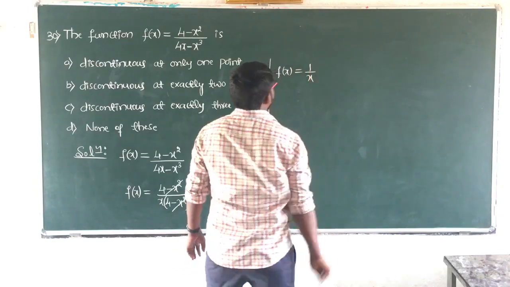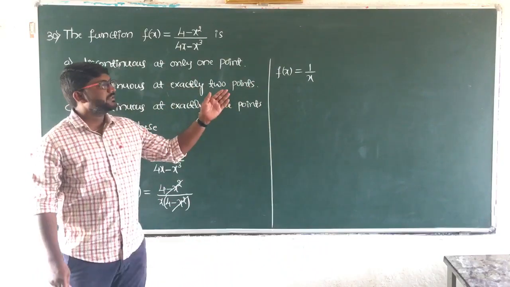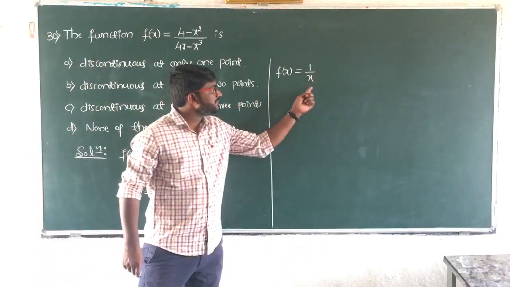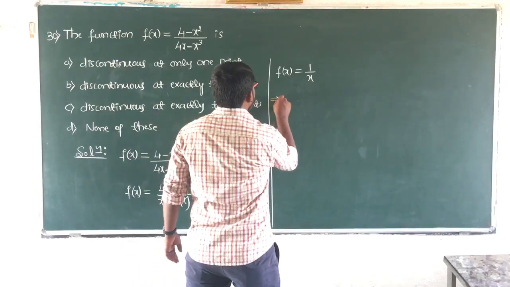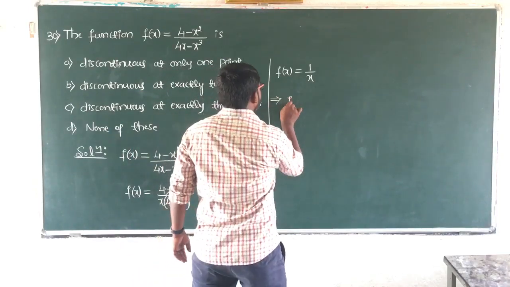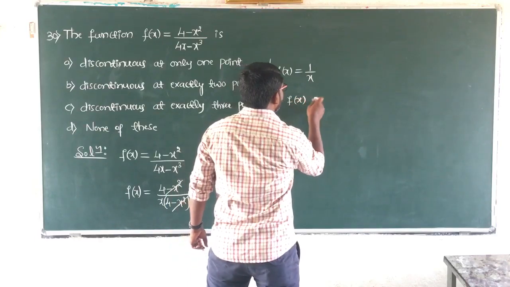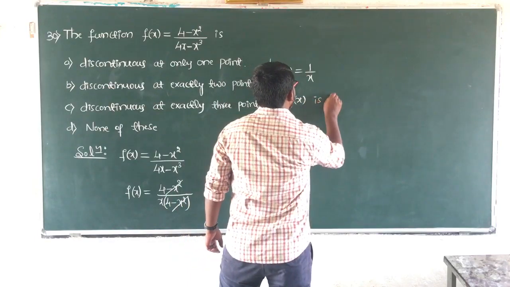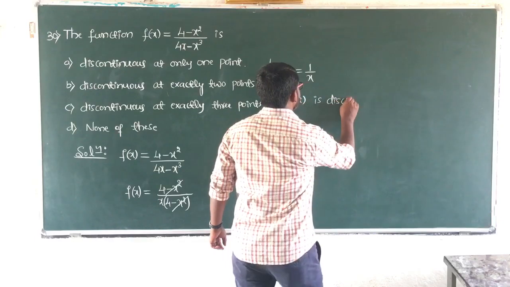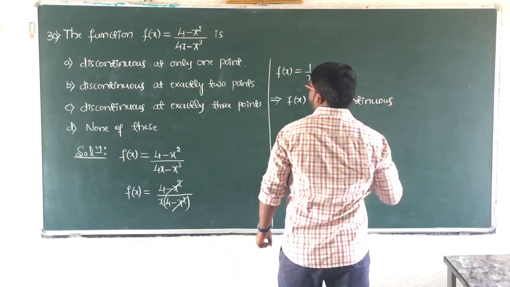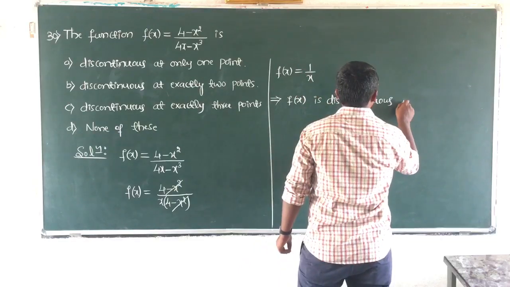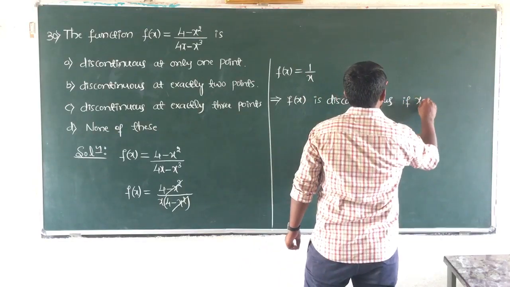Now f of x becomes discontinuous if the denominator is 0. So now see here, f of x is discontinuous if x is equal to 0.